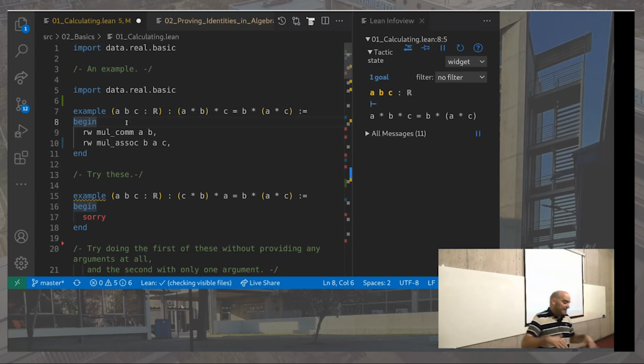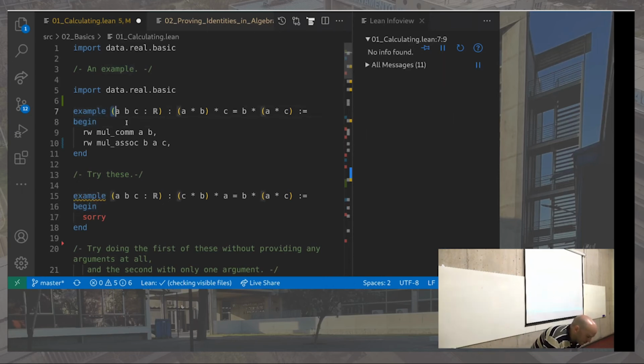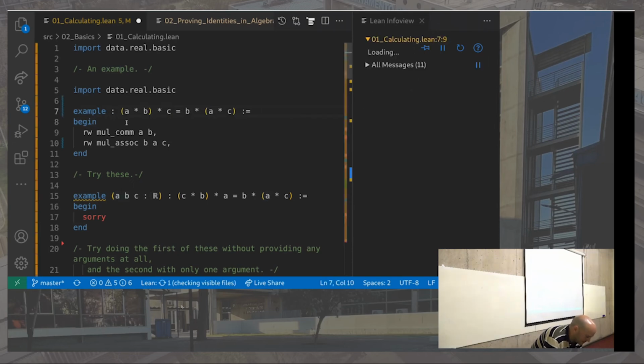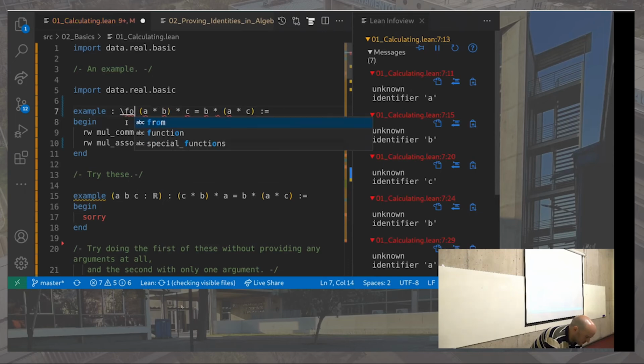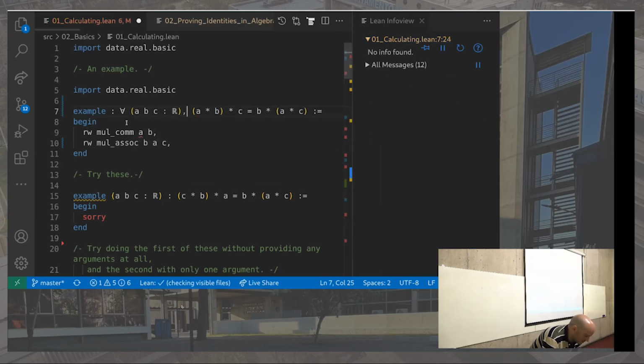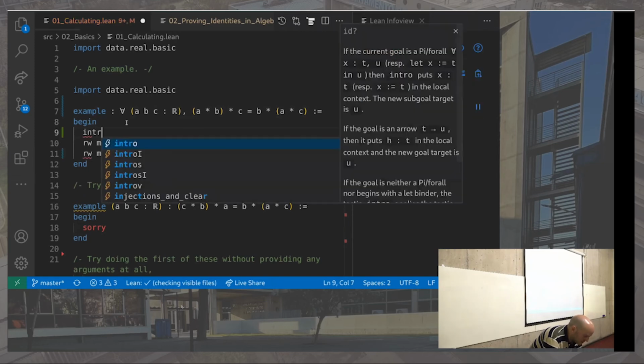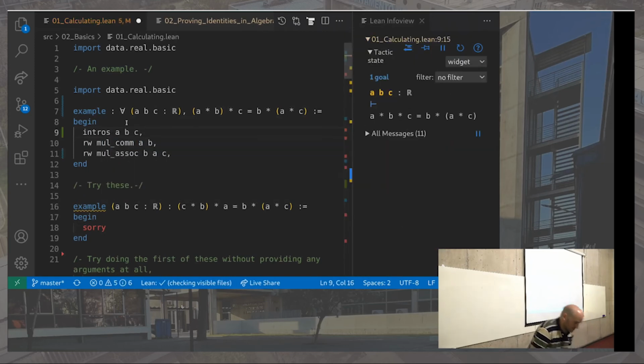Because this is another way of writing it, something that mathematically is the same. The statement is not "for all A, B, C real numbers, then blah blah". The statement is "take 3 real numbers, then blah blah blah". I can write it equivalently like that. And now I have to start with intros A, B, C. So the difference is that in the previous one, the statement was take 3 real numbers, then blah blah blah.